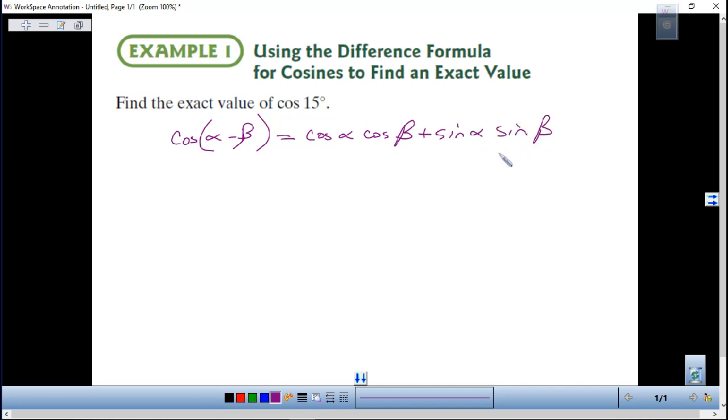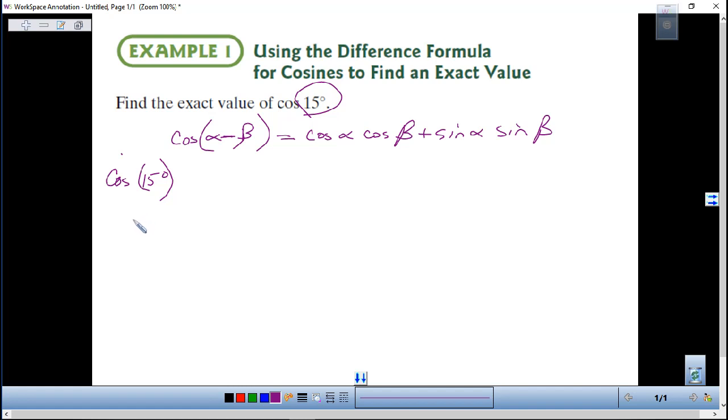Now we want to choose two angles that are actually on the unit circle as alpha and beta that will subtract to give me this number right here. So I'm looking for the cosine of 15 degrees, and I'm looking for two angles on the unit circle that I know.